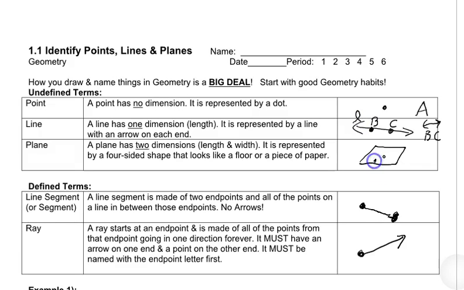Planes need 3 points that are non-collinear to be named. This is a plane DEF. Let's get the two letters of their endpoints.